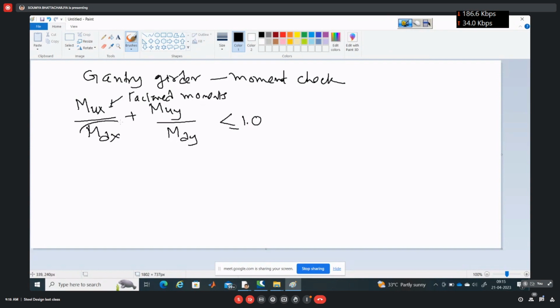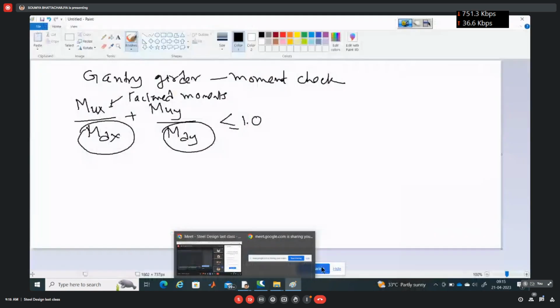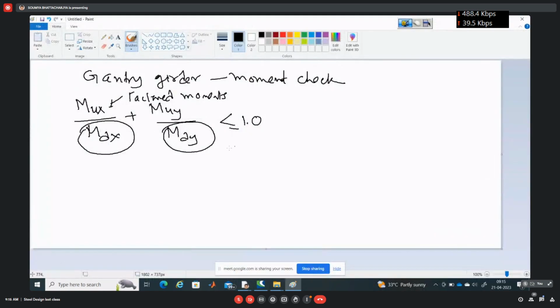Now my task is to obtain this MDX and MDY. Now how can I obtain the values of MDX and MDY? MDY is relatively simpler. MD is the moment capacity. This is the gantry girder section, and this is the YY axis. For MDY, we'll be considering the top part only.